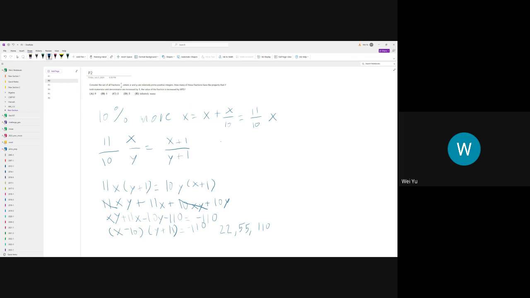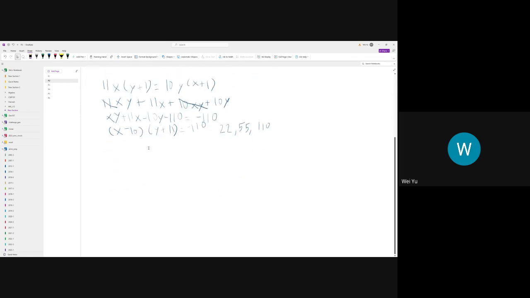If y plus 11 is 22, then x minus 10 equals negative 5 because negative 5 times 22 is negative 110. So we have that y equals 11 and x equals 5.